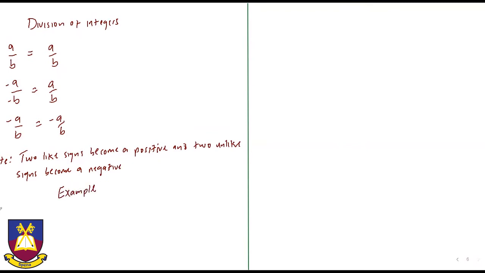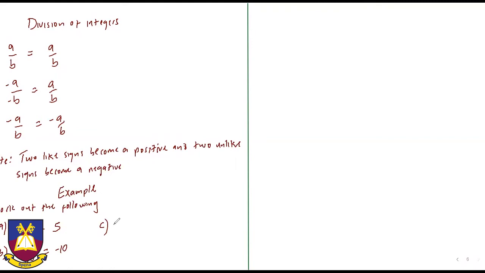Work out. So if I have positive 20 divided by 4, the answer is 5. Positive divided by positive is positive. If I had negative 100 divided by 10, negative divided by a positive is a negative.